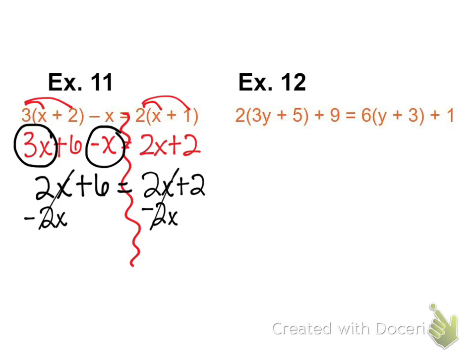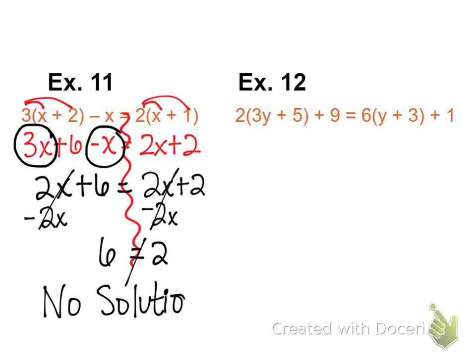So whatever's left on the left side is just a 6 equals the only thing left on the right side is that 2. Does 6 equal 2? No, those do not equal each other, which means that there is no solution. Very good, no solution. So if your variable totally cancels out and what's left is not true, they don't equal each other, then there is no solution.